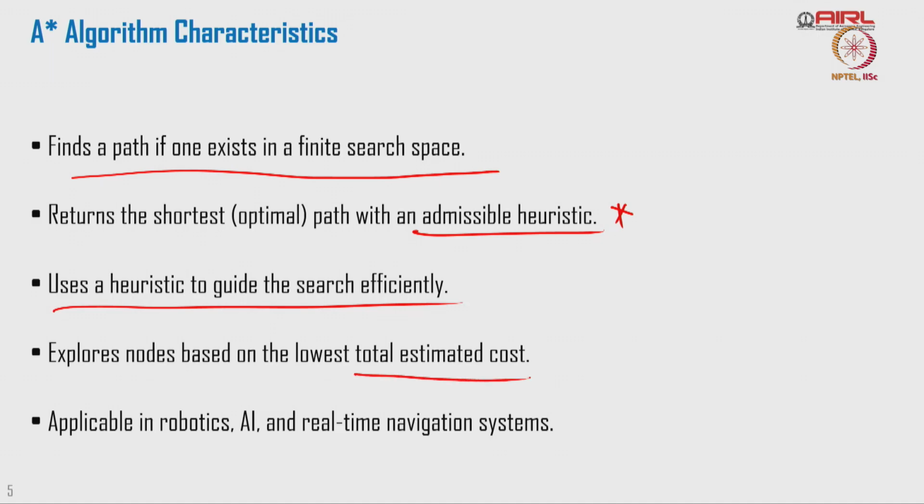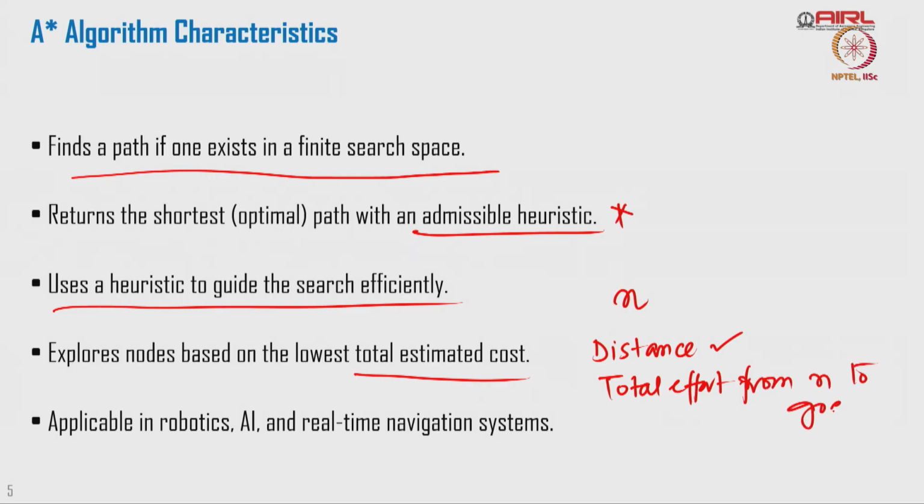That means, it will have one cost based on the distance. So, it will visit a node n, checking its distance from the previous node and the total effort required from node n to the goal. Okay.